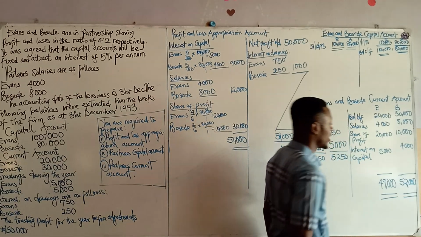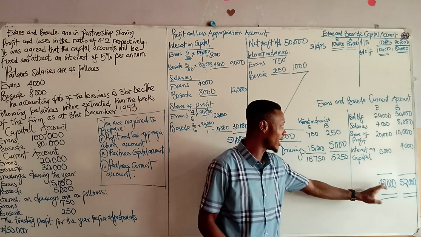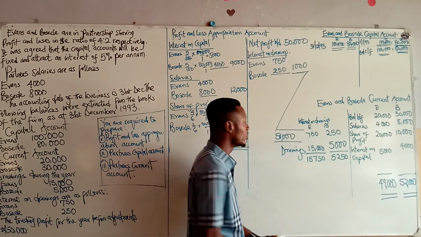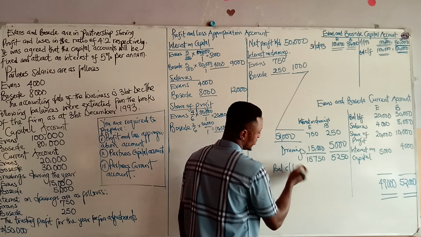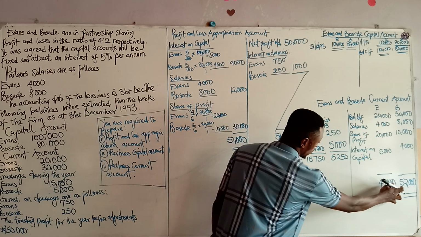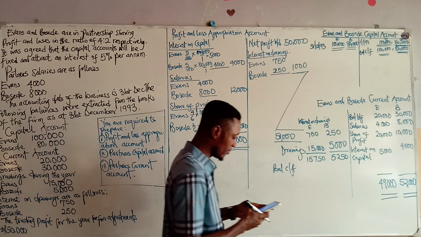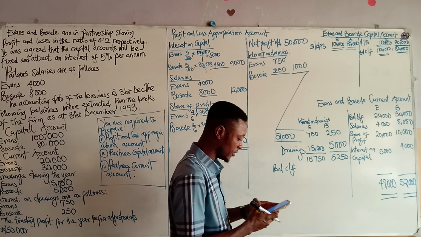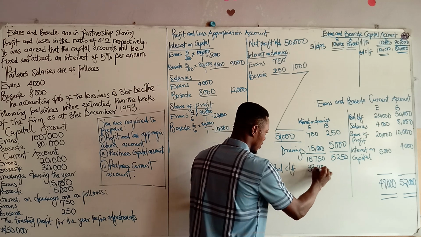Remember, in the cash book, when we are balancing accounts, we balance Evans against Evans and Boside against Boside. So here we have the balance carried down. 49,000 minus 15,750 gives me a balance of 33,250.